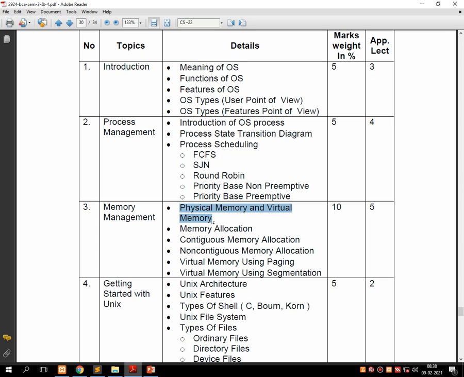After the introduction of memory management, which is not mentioned here but we'll keep in the discussion, we'll go for physical and virtual memory, then memory allocation, continuous or contiguous memory allocation, non-contiguous memory allocation, virtual memory using paging, and the last one, virtual memory using segmentation.